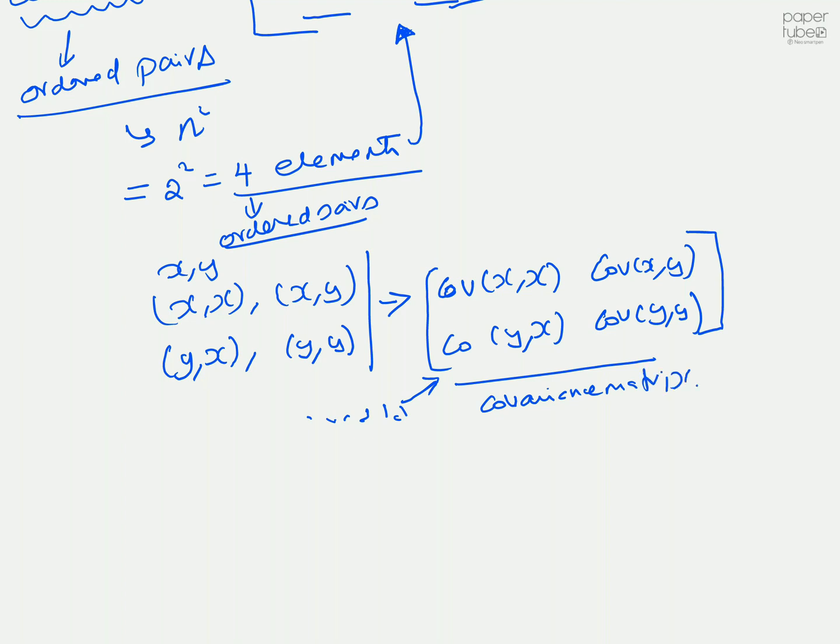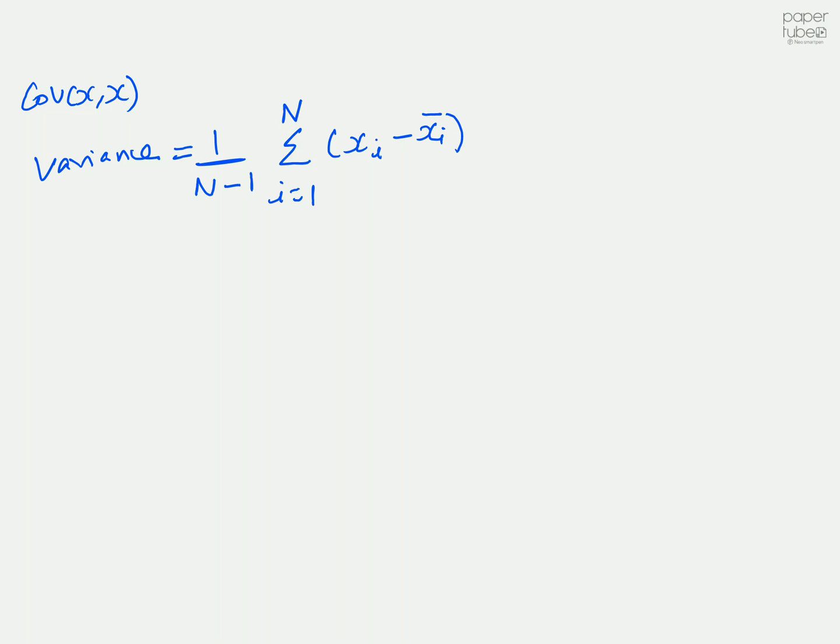So how to define the covariance of an ordered pair? Covariance of x comma x is easy to define. To define that, you have to first define variance. What's variance? Variance is defined by the formula 1 by n summation of xi minus the average of xi, where i ranges from 1 to n. So what do I mean by that?